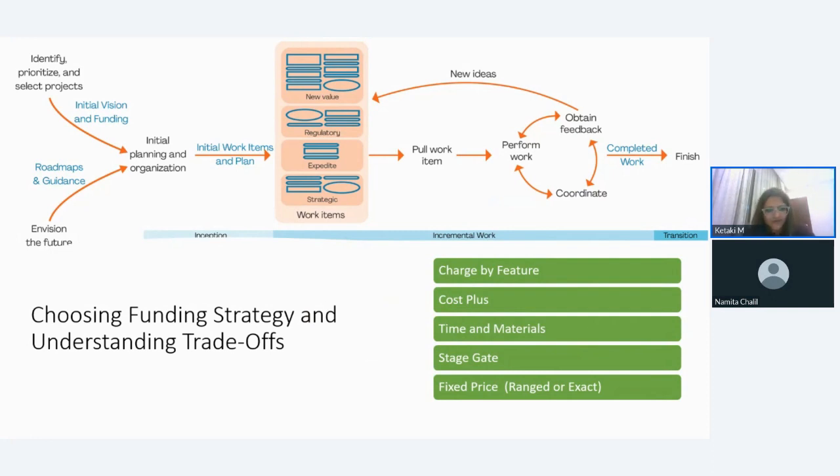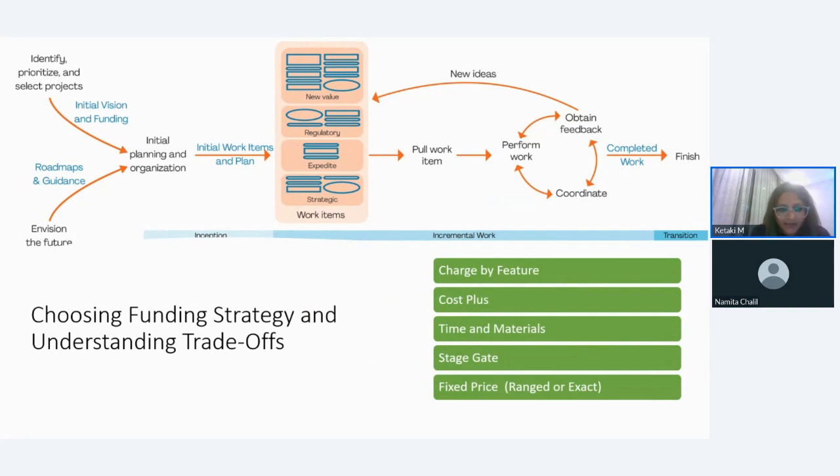But all of these funding strategies have their own trade-offs. So you have to choose wisely depending on the context of your vendors or of your project teams that you might have loaned from some other teams to narrow down on the funding strategy. Now, all these things really have to happen in the inception phase.